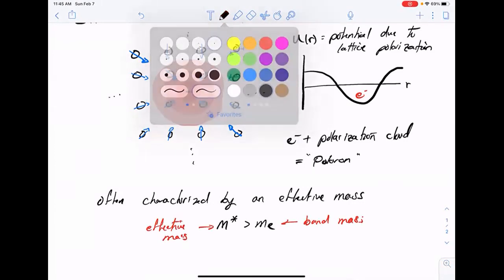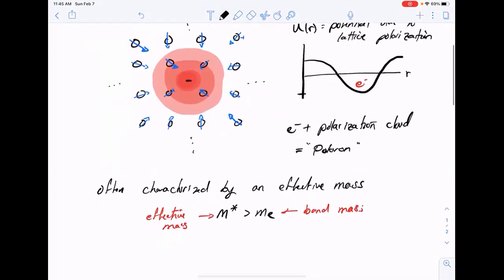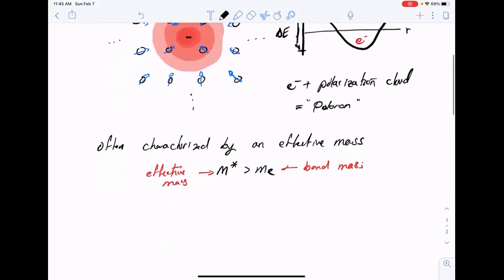In addition, you might actually ask, what is this solvation energy associated with the electron interacting with the lattice? That's a favorable interaction. That is typically called a binding energy.